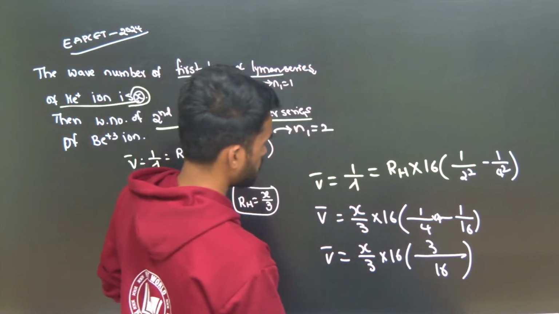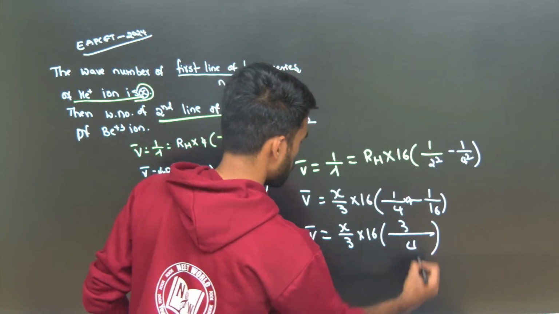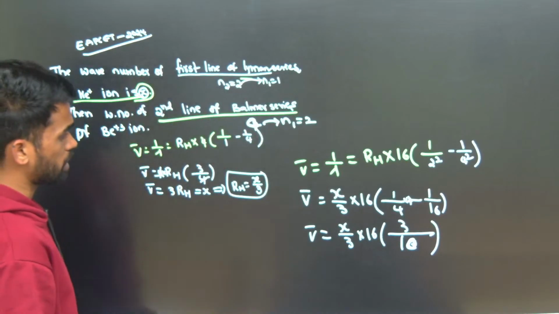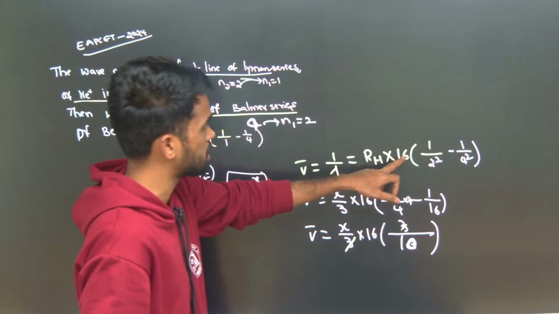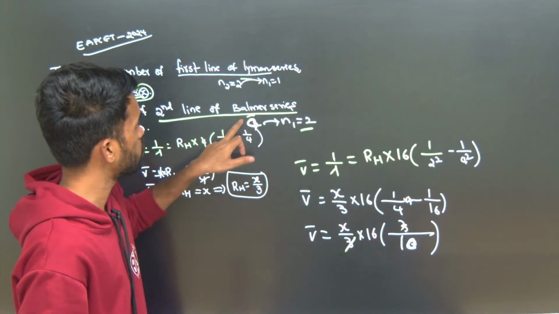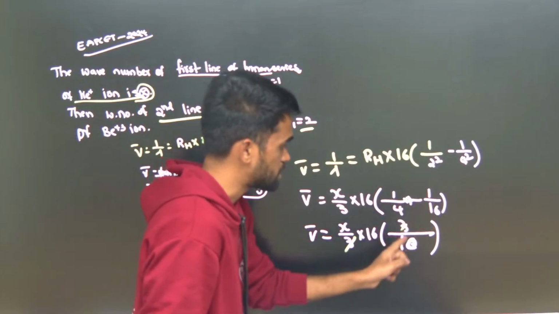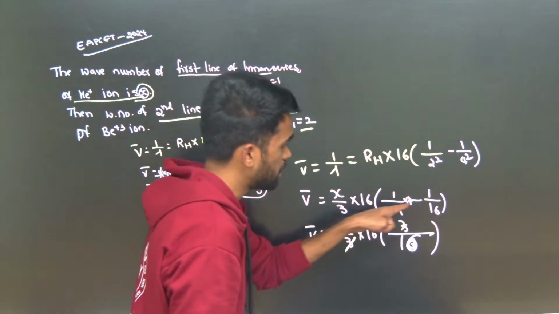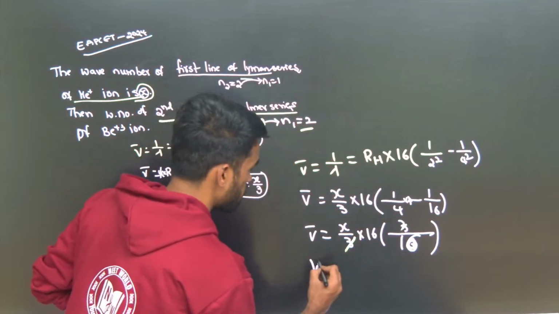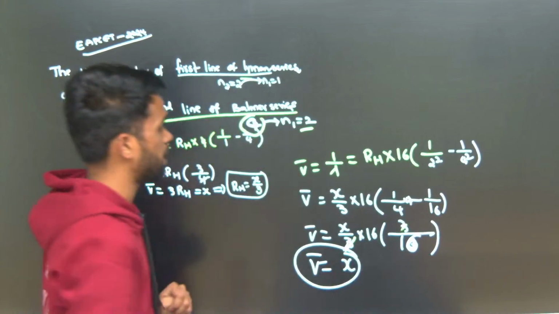Now I can remove this 3, and the 16 as well, so we get nu bar equals X. Hope this is clear.